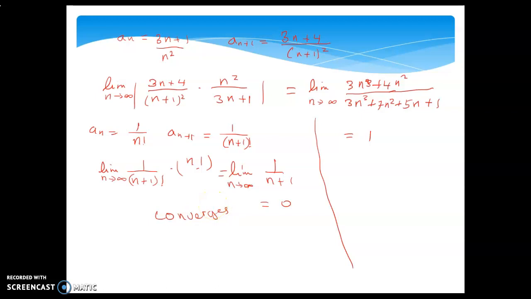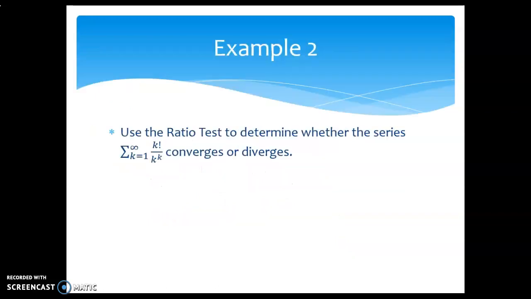Okay, so we want to determine, using the ratio test, whether this series converges or diverges. So here, what is my a of n?